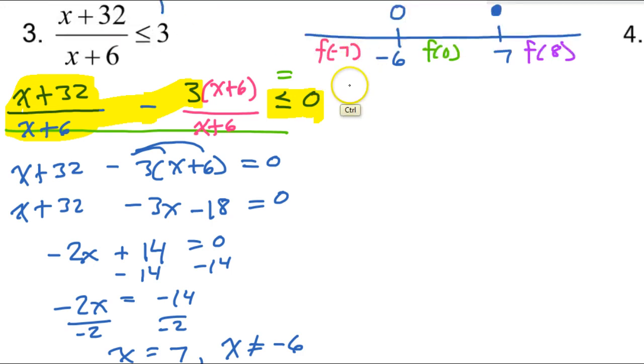Okay, so when I do negative 7, I'm going to have negative 7 plus 32 over negative 7 plus 6 minus 3. And the question is, is that less than or equal to 0?